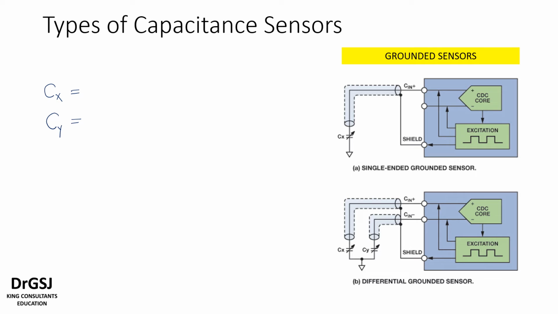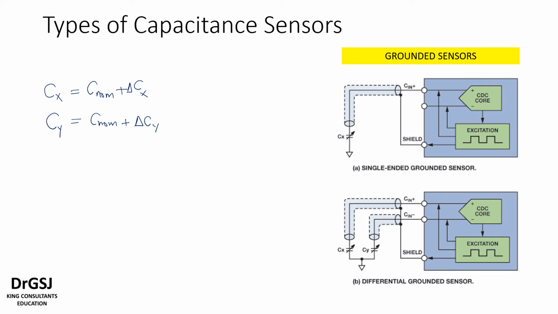One, each of the Cx and Cy will have a nominal capacitance which is common to both. Right? And along with that, there might be some sensing value which is present in there. So this can be called delta Cx, and this can be called delta Cy.